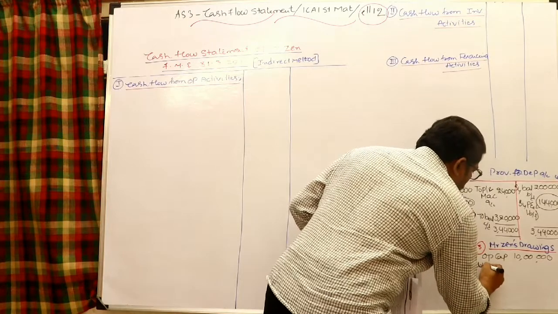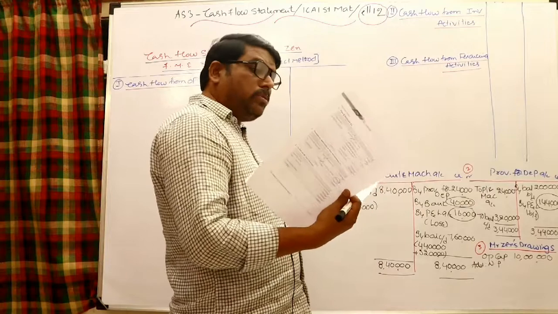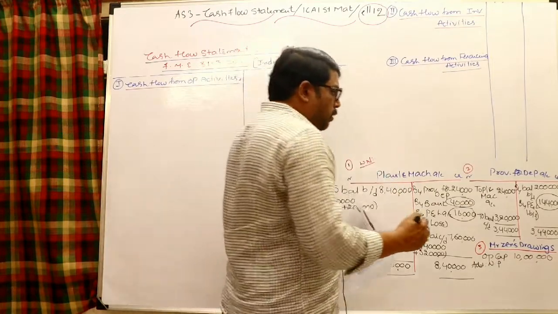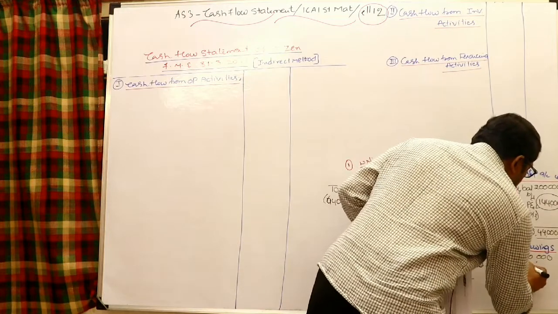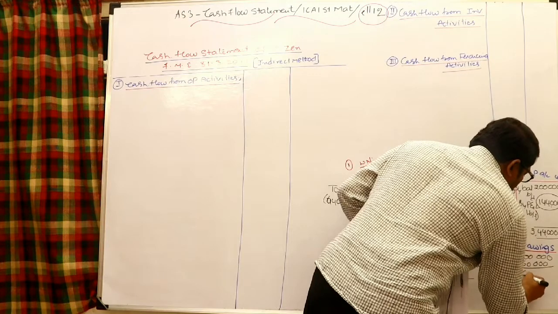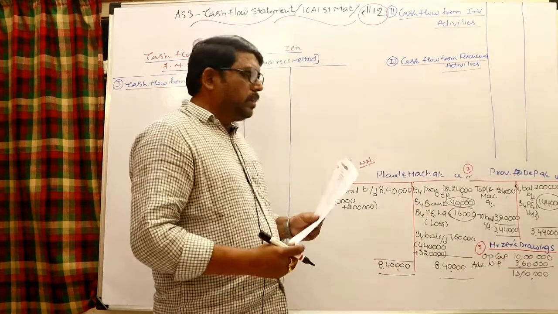Add net profit earned during this year. In a sole proprietorship, profit earned should always be added to the capital, 3 lakh 60,000, and therefore this is 13 lakh 60,000, and obviously the capital should be 13 lakh 60,000.